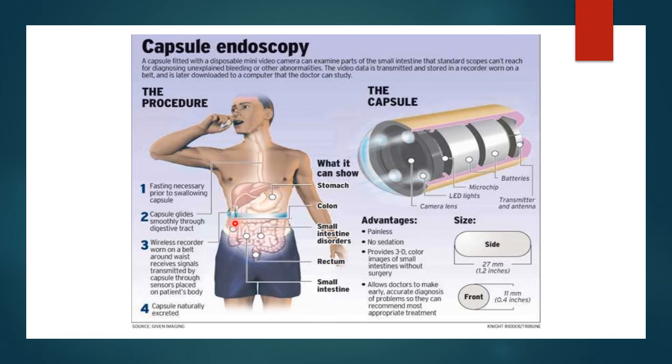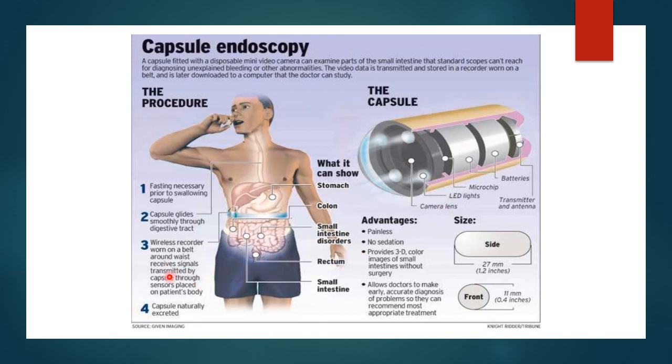As it travels through the gastrointestinal tract, it takes pictures and transmits through a sensor placed outside the body, maybe strapped to the belt. So that means it takes a series of pictures which are recorded in these sensors, and which are read after the patient passes the capsule out in his stools.